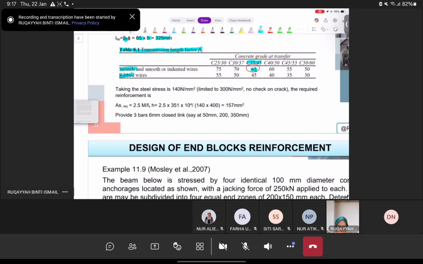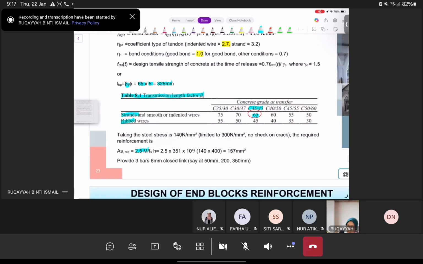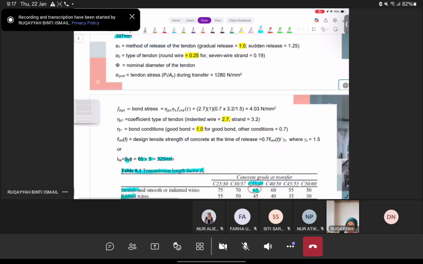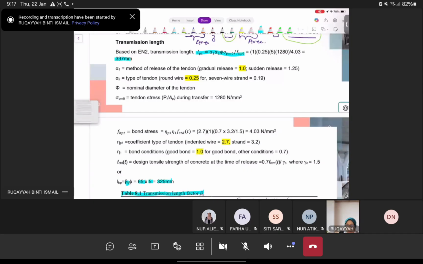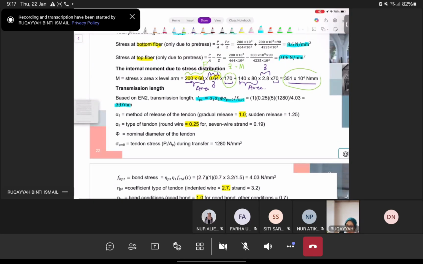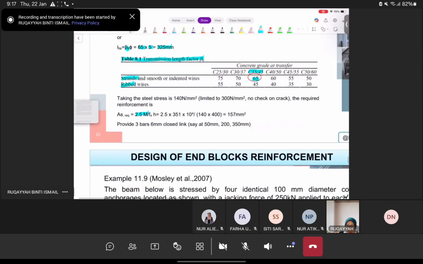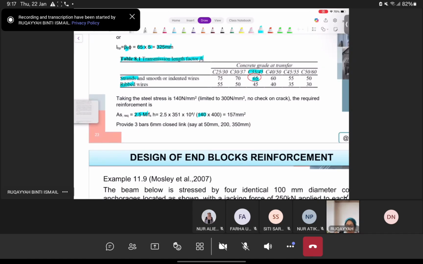The area required is 2.5 multiplied with the moment that you calculated, the M block, which is 351. Then divide by your 140, which is the strength of your steel, and multiply with your height. So technically the area you get is 157 mm squared.